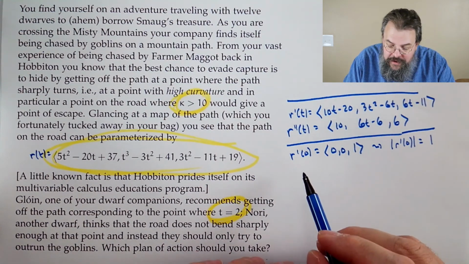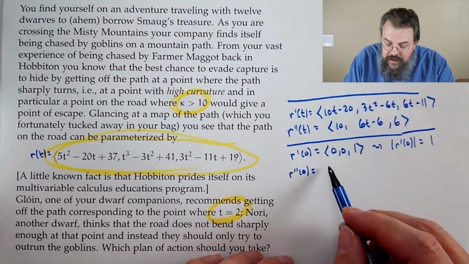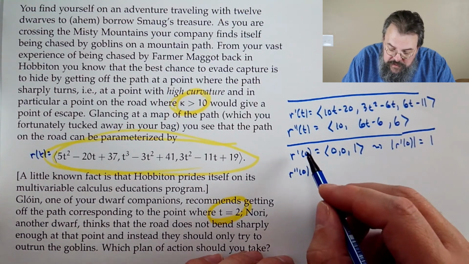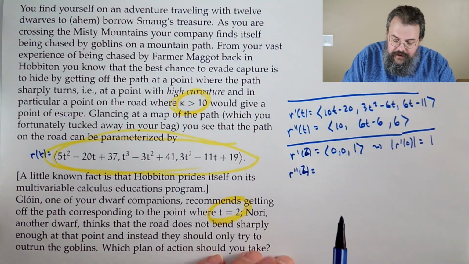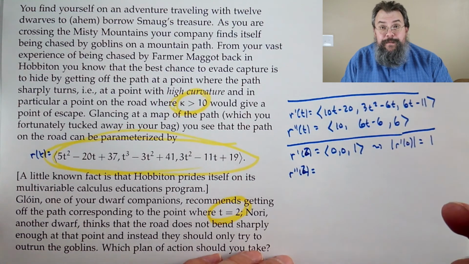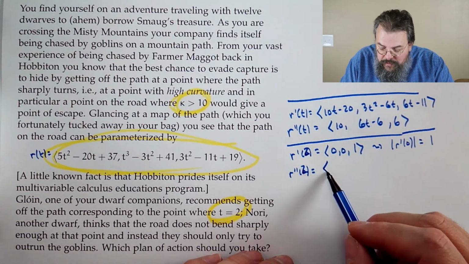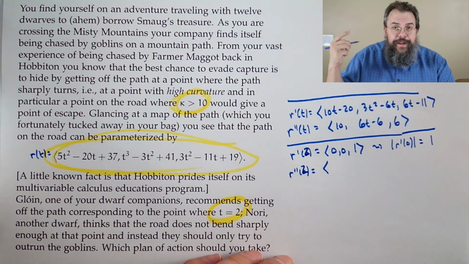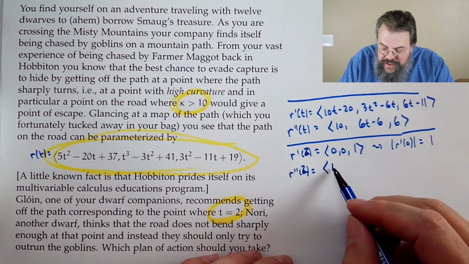Well, the way we're going to do that is we also need to know r double prime of 2. Sorry, time equals 2. So often we do problems where time is 0. Bad habits, oftentimes you get into sort of a manual mode and forget, wait a second, don't. You gotta pay attention.